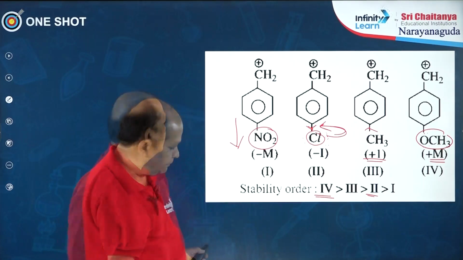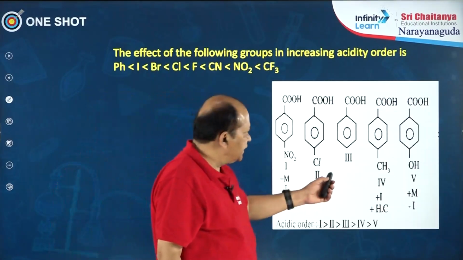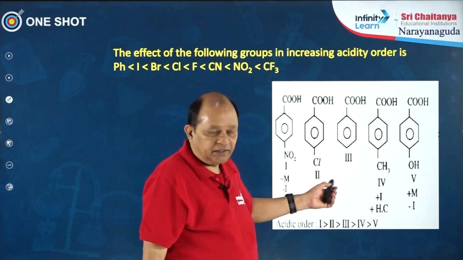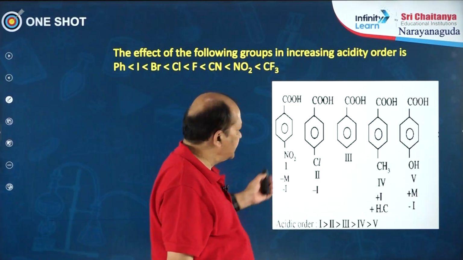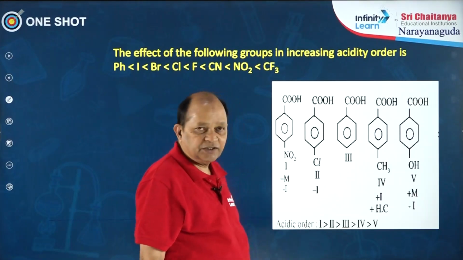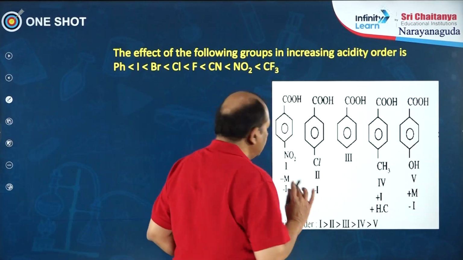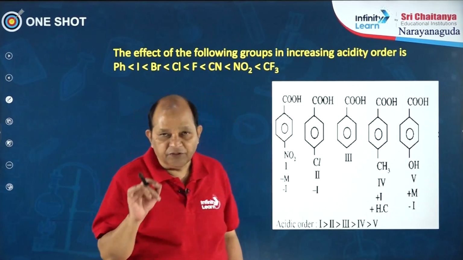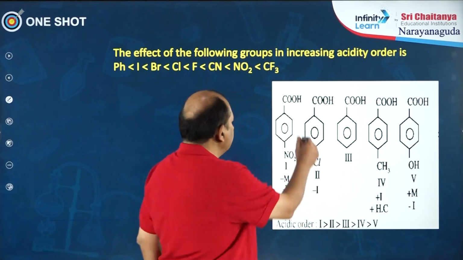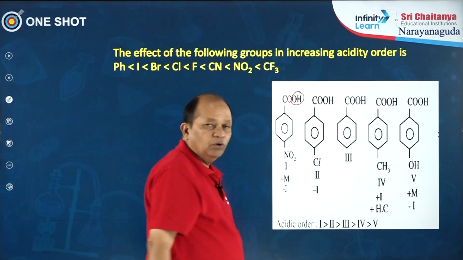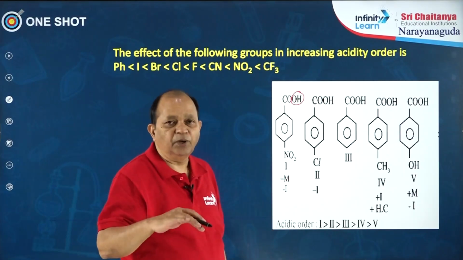Okay. Next, the acidic character of various substituted benzoic acids has been presented here. Such groups which increase the polarity of this OH bond make the acid more acidic. Which will increase the polarity?